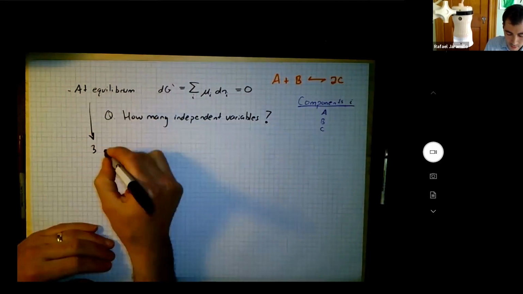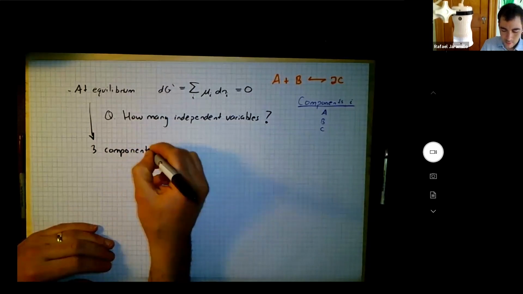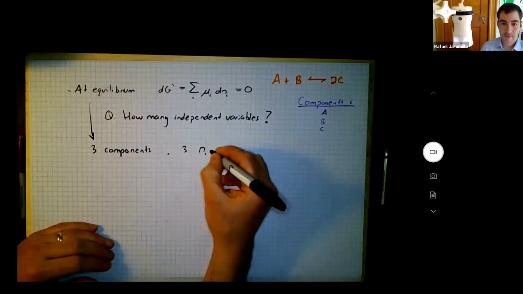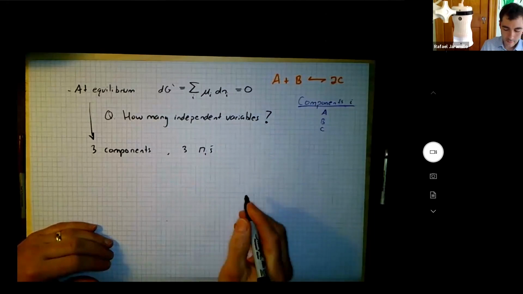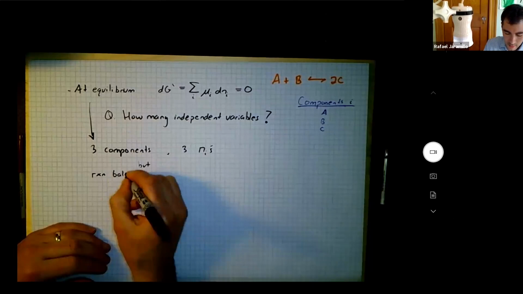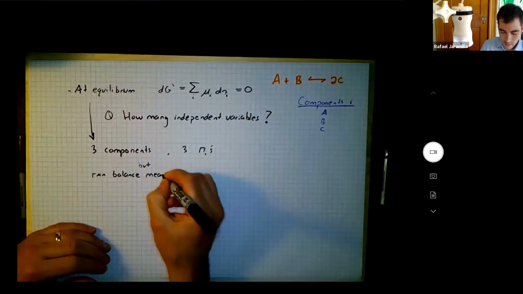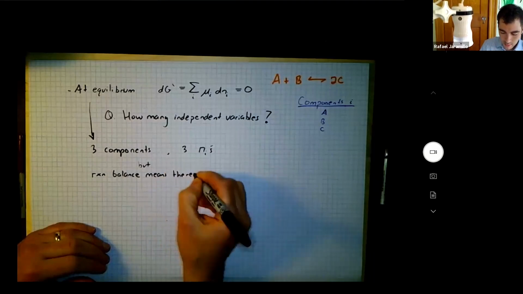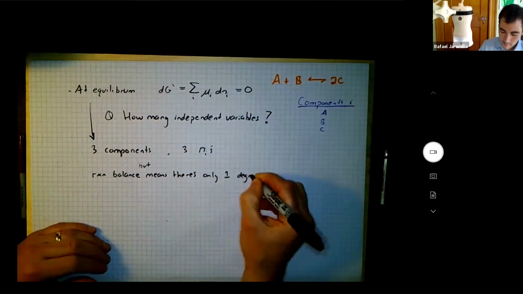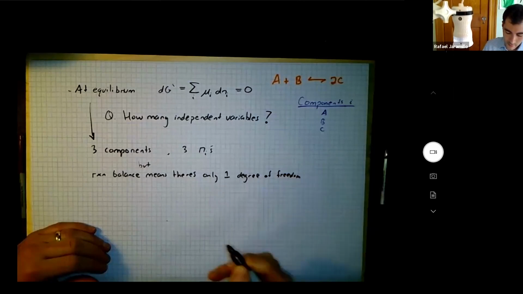We have 3 components. We have 3 N I's, right? But reaction balance means there's only 1 degree of freedom. How do we know that?